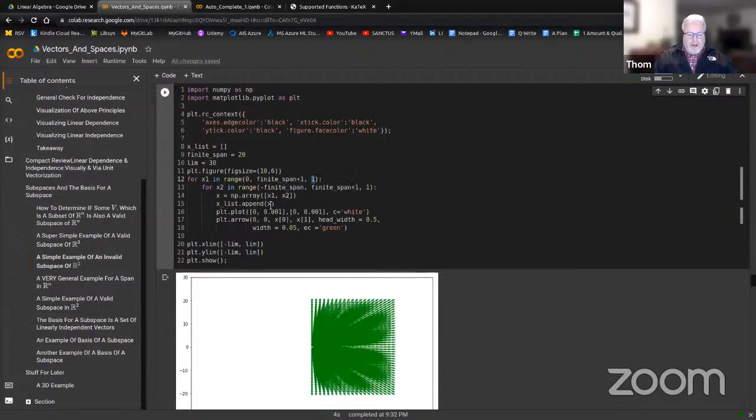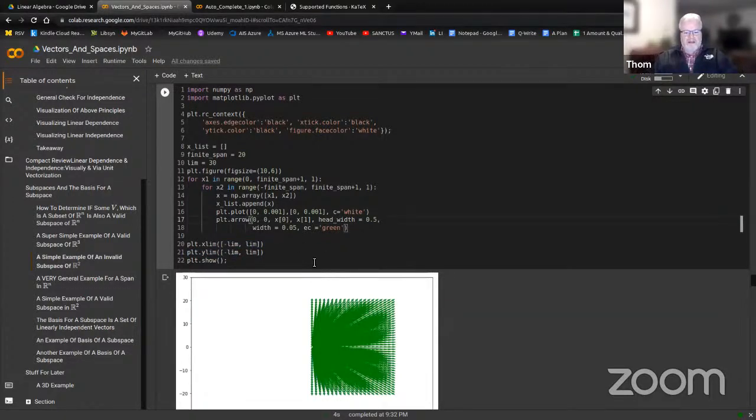And I'm going to go ahead and add that NumPy vector to this list. I'm going to append it to this empty list that I created right there. Then this and these are our tricks to create a space so we can just plot these arrows.